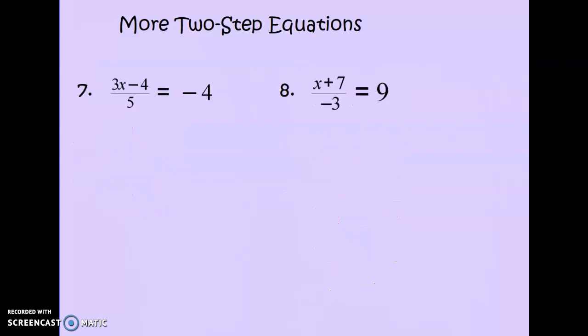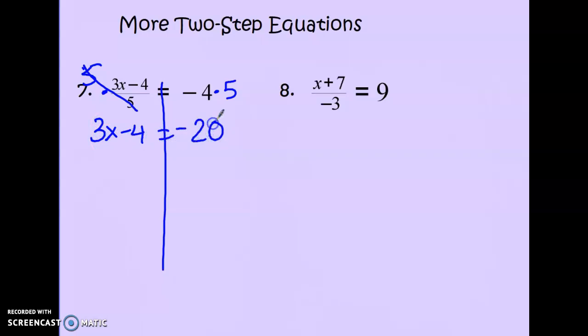All right, here are 2 more examples. Again, we're going to start the same way. Okay, I've got to multiply both sides by 5 to get rid of the division. Okay, it's going to leave me 3x minus 4. Negative 4 times 5 is negative 20. Okay, next step, I'm going to add 4 to both sides. 3x, and then I have negative 20 plus positive 4. Okay, again, I've got a negative and a positive that I'm adding.